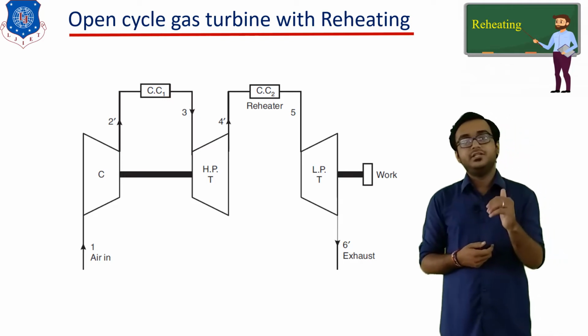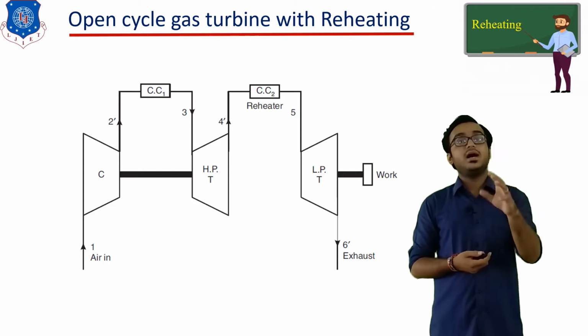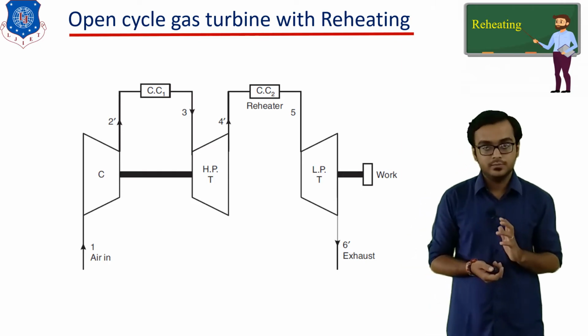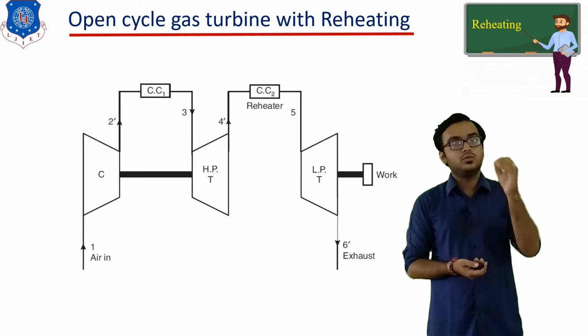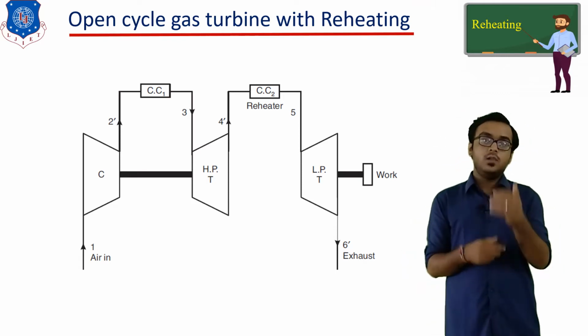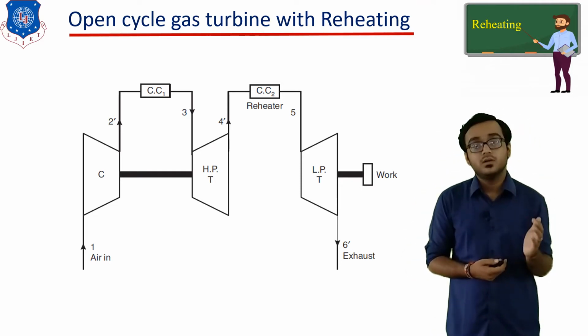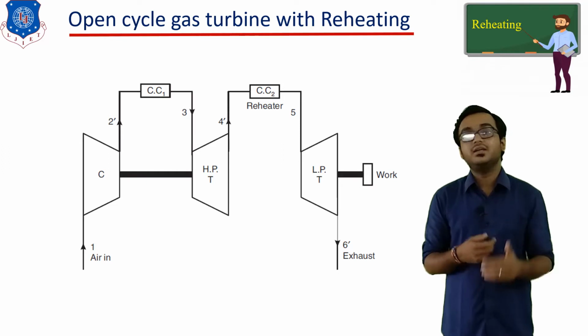Now, this high pressure and high temperature gas is allowed to flow through the high pressure turbine. As it flows through the turbine, the turbine will produce mechanical work. This mechanical work is supplied to the compressor in order to run the compression.